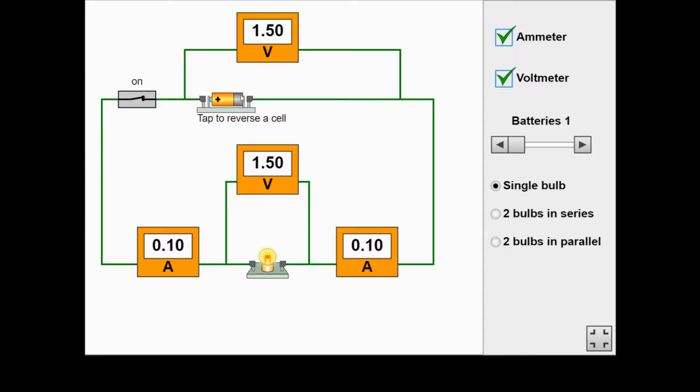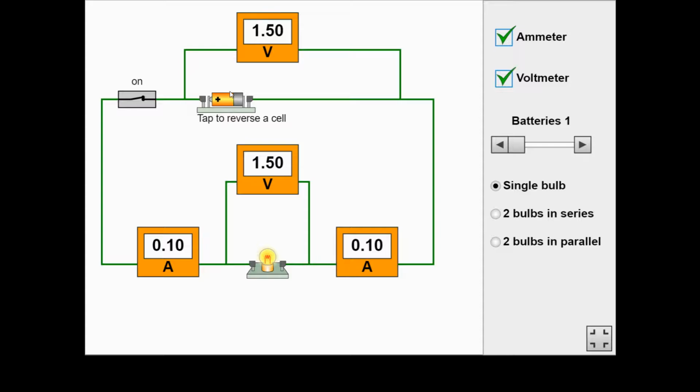Now, what we know that means is that our potential difference equals the energy transferred per charge. So every charge going through there is picking up 1.5 joules and carrying it.